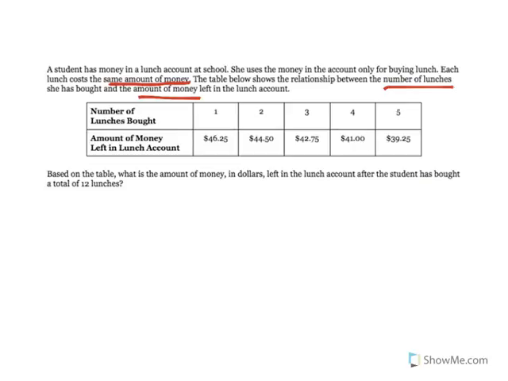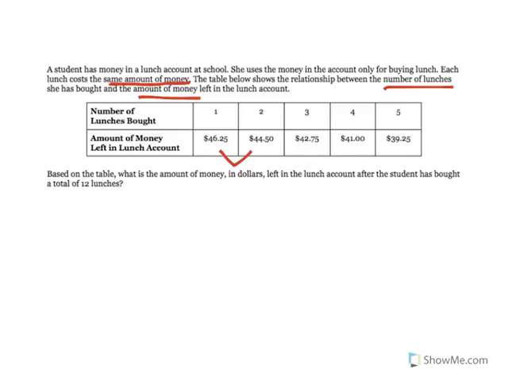All right, so they tell us that after she bought the first lunch, she has $46.25 left in her account. So after she bought the second lunch, she has $44.50 left in her account. So what we want to do is find out the cost that her account went down.